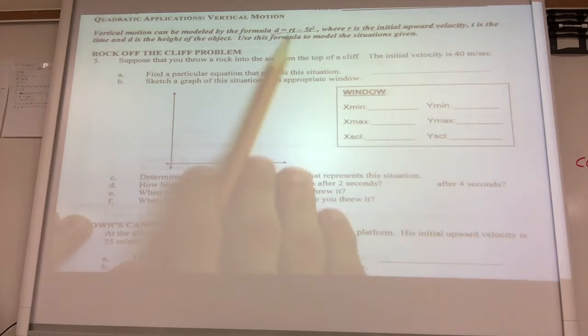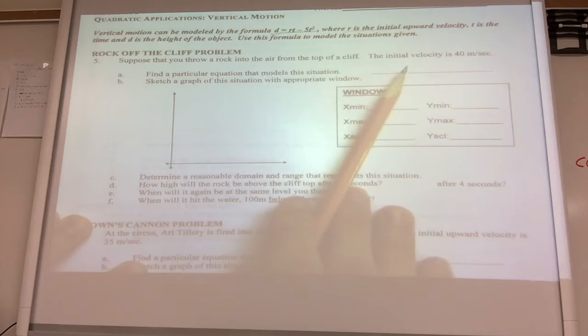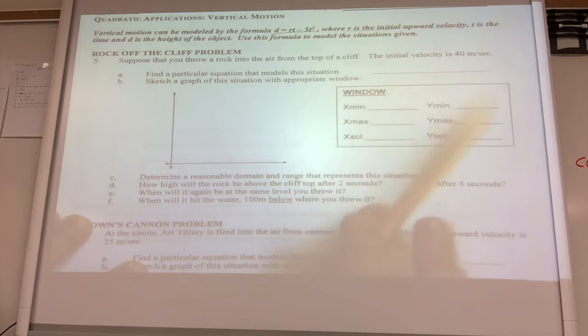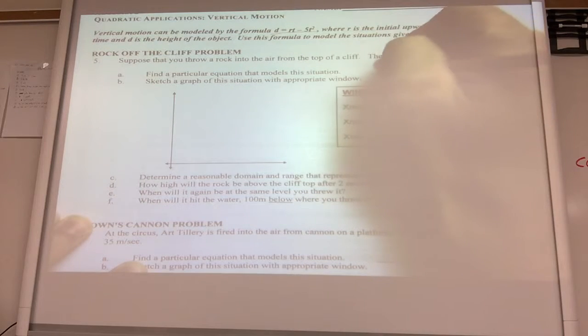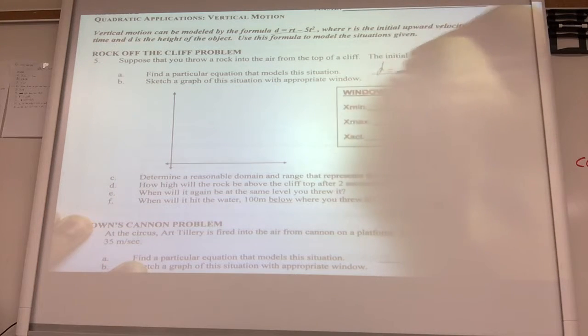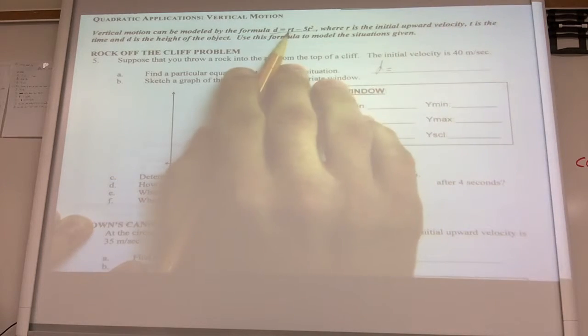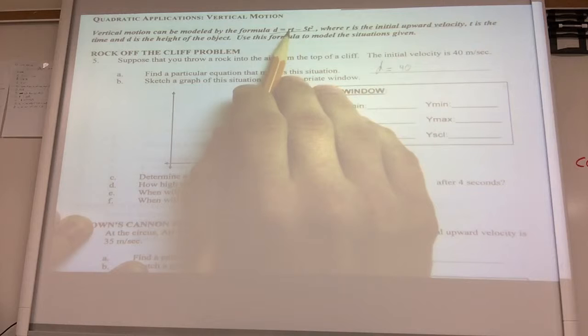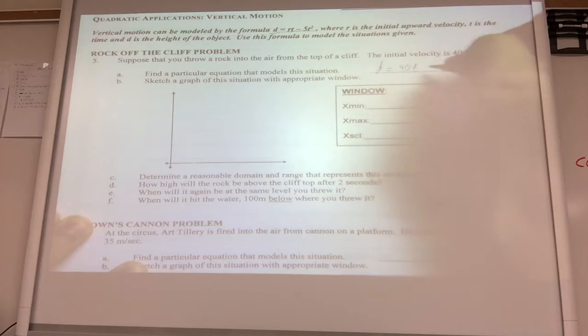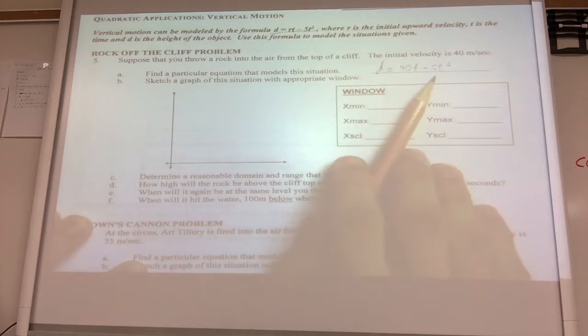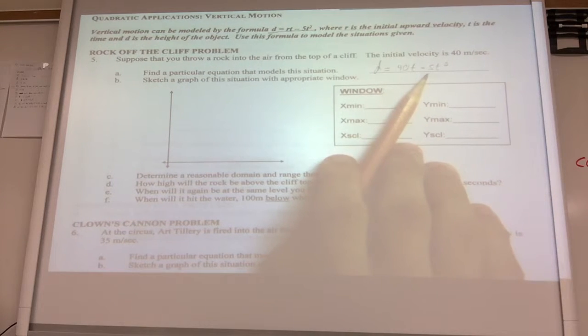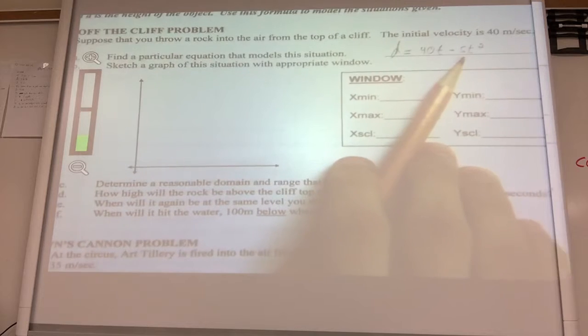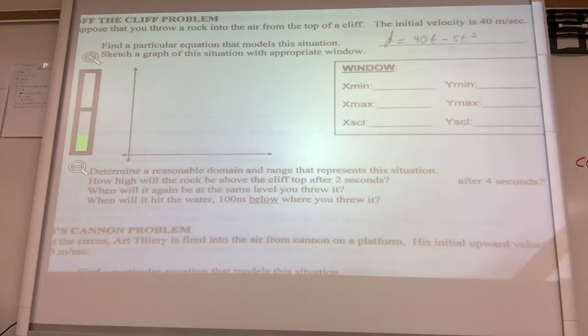Knowing that the initial velocity is 40 meters per second, I'm just going to write down that the height the rock flies is equal to 40t minus 5t squared. This is the equation we're using to answer all of the following questions. So I'm going to zoom in a little bit.